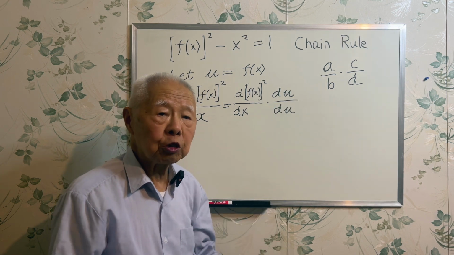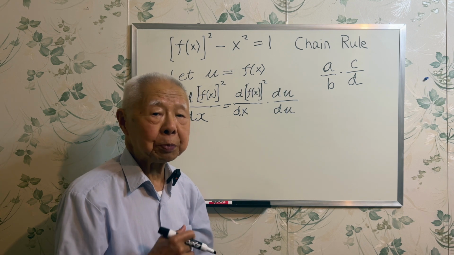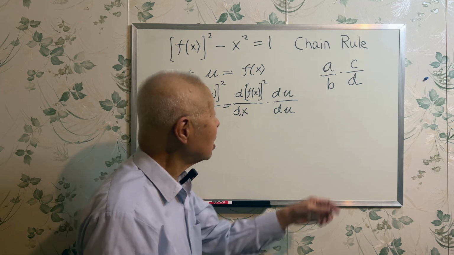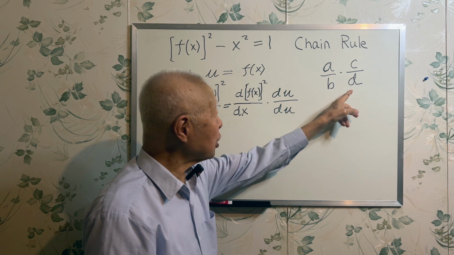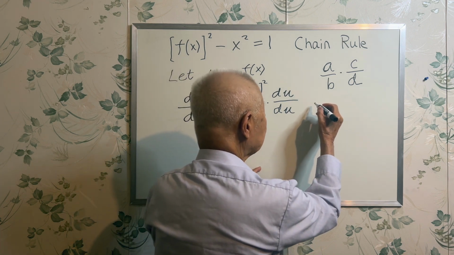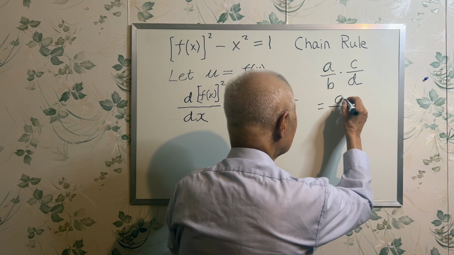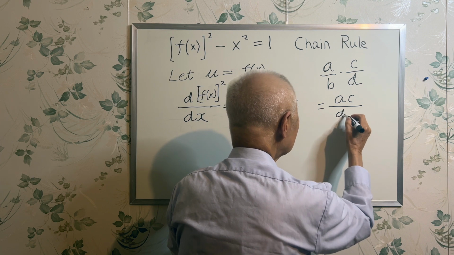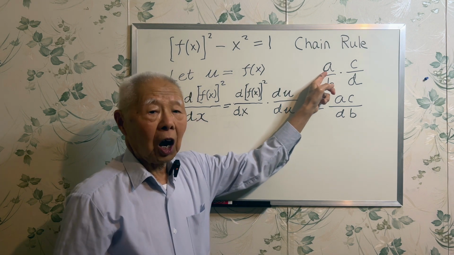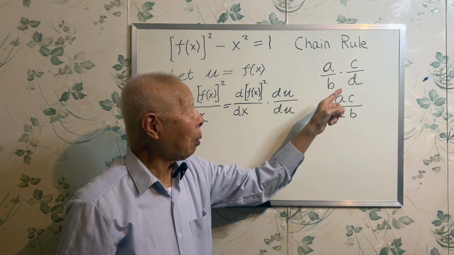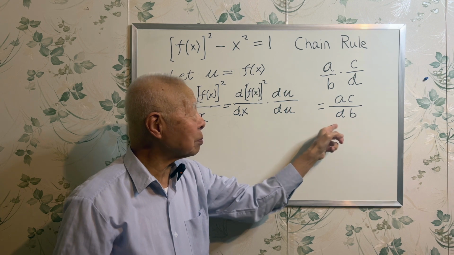But multiplication, you can switch. A times b is the same as b times a. So I just rewrite b and d. I switch the order of b and d. The top is a multiplied by c. The bottom is b multiplied by d, and I can rewrite as d times b. Just switch.